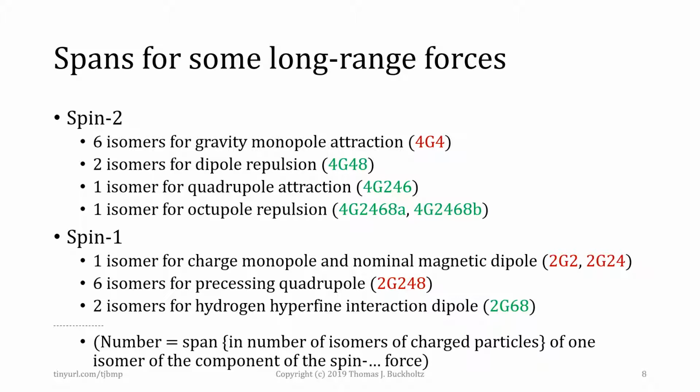The other components of dark energy forces have spans of 1 isomer of charged particles. The precessing quadrupole component of electromagnetism includes interactions between ordinary matter and 5 isomers that are not ordinary matter. Later we discuss a role for the 2G68 component of spin-1 long-range forces.